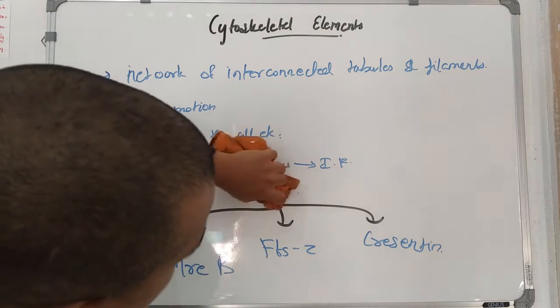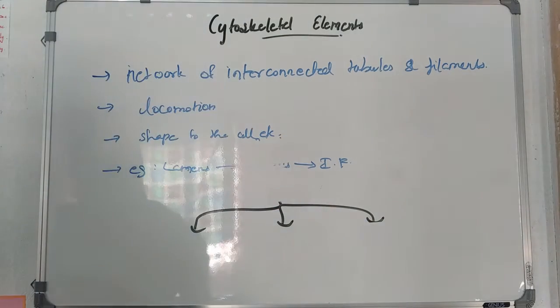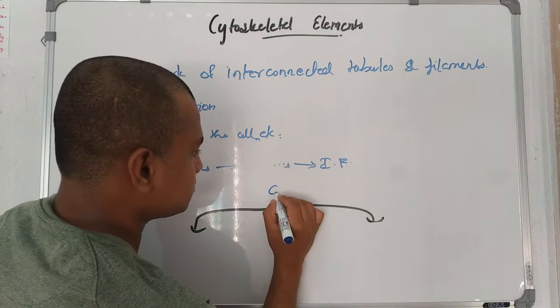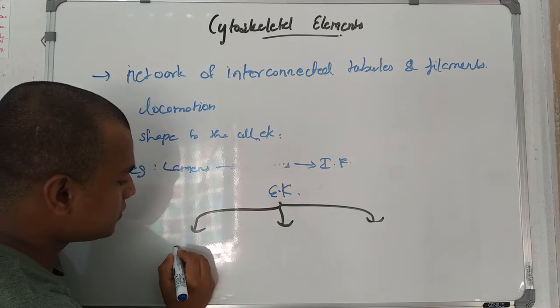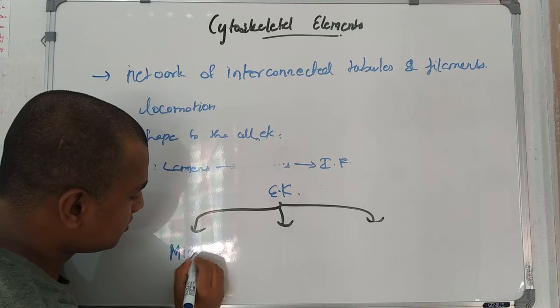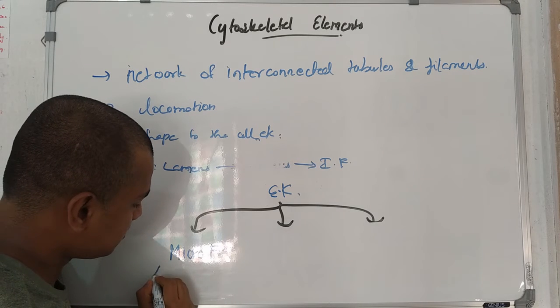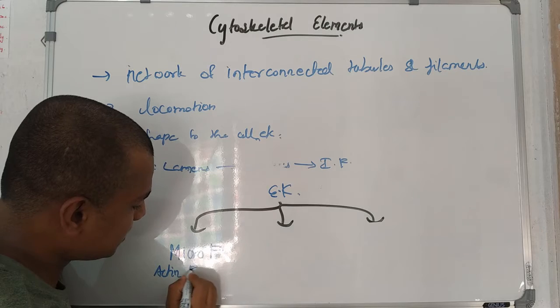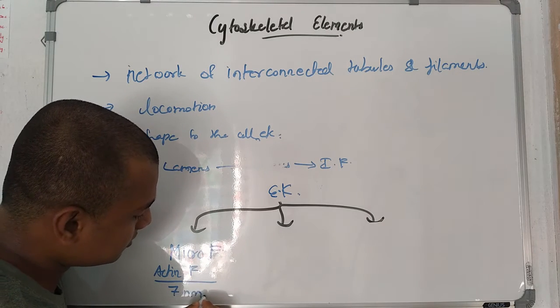In eukaryotes, the cytoskeletal elements are, the first one is microfilaments, also known as actin filaments. They are of 7 nanometer diameter.